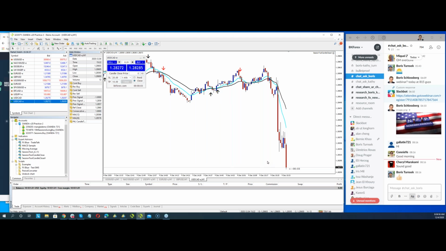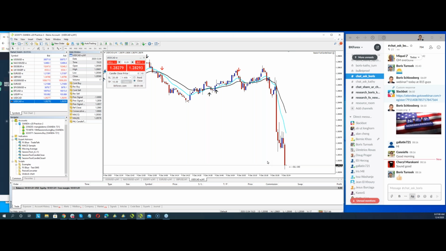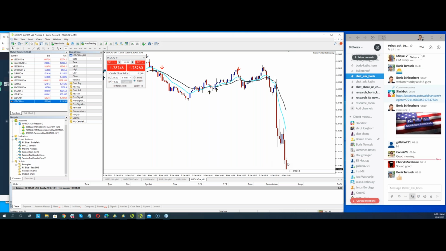So the reason why I'm kind of hesitating, I'm not going to chase this to the downside, is because this is a very, very common mistake that a lot of rookie traders make. Canada will respond to the news. It will fall really, really hard, but then typically, if you're selling over here, it tends to be kind of like catching the bottom.